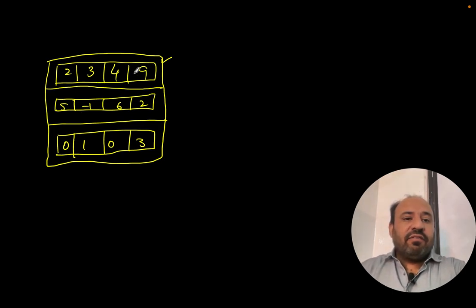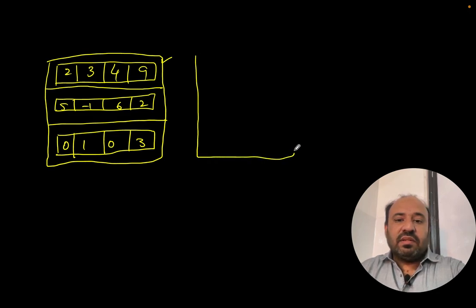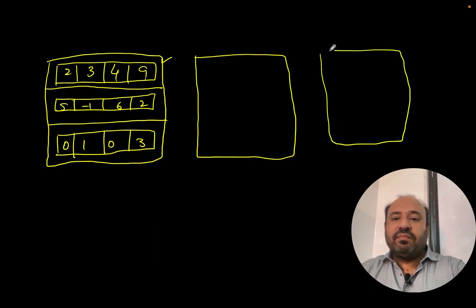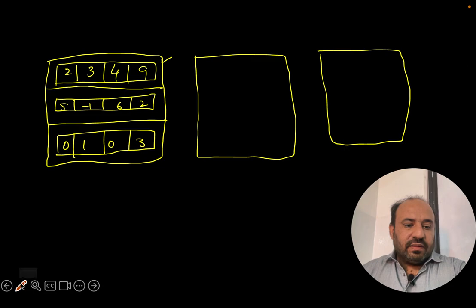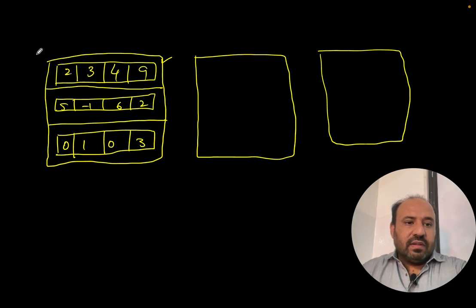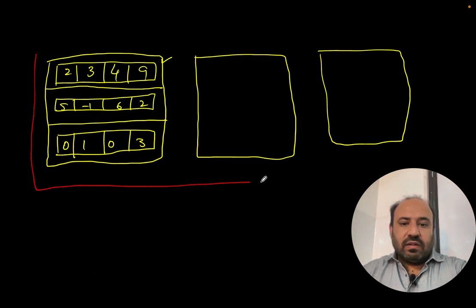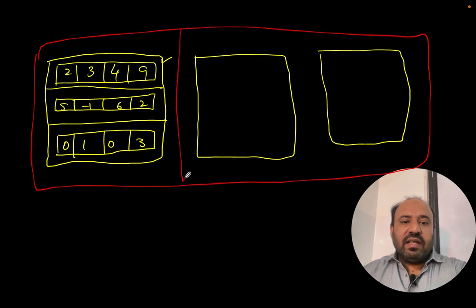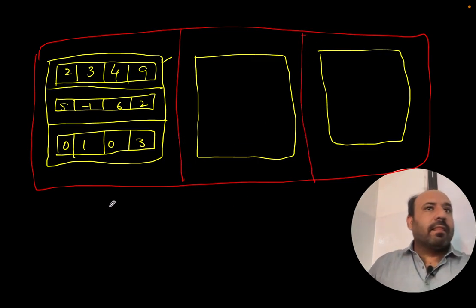And then if you have a lot of these kinds of arrays, let's say another 2D array, and another, and you have a lot of them, then this is a three-dimensional array. Make sense?